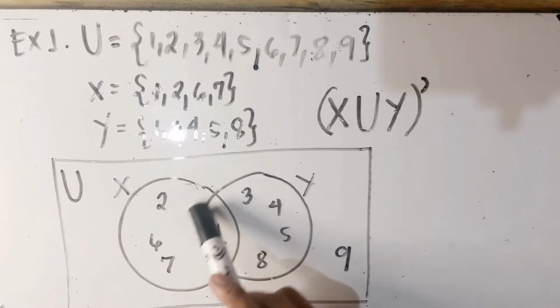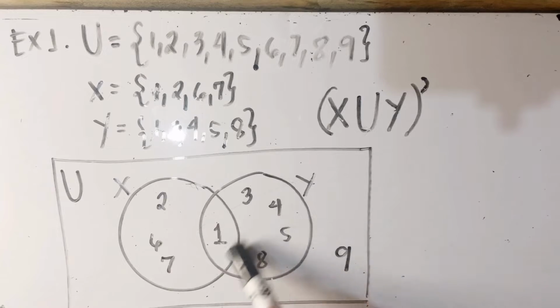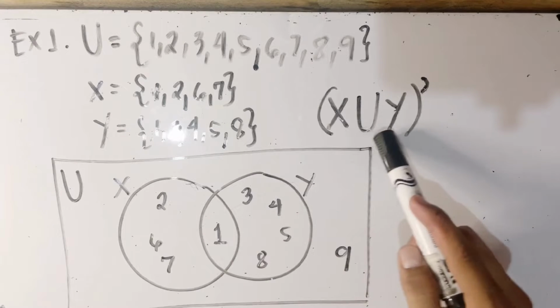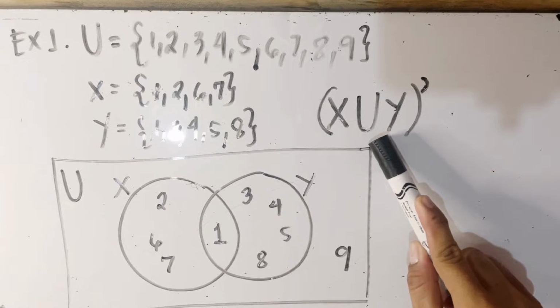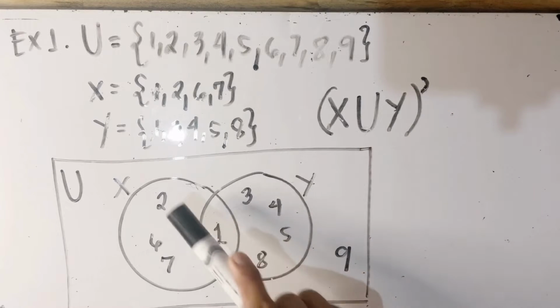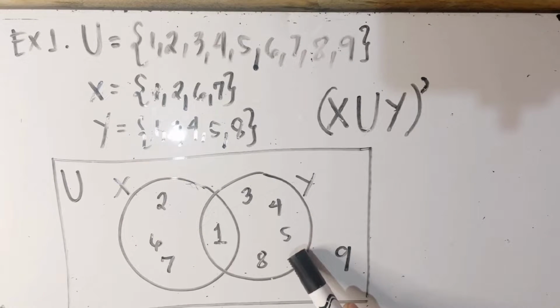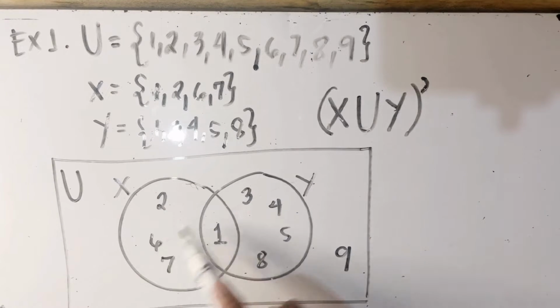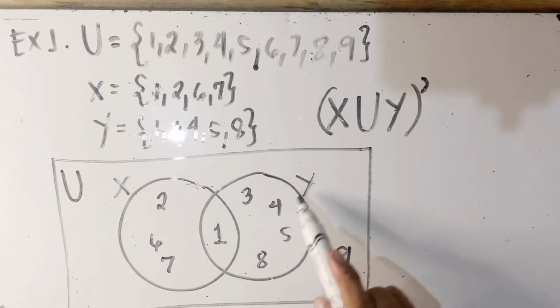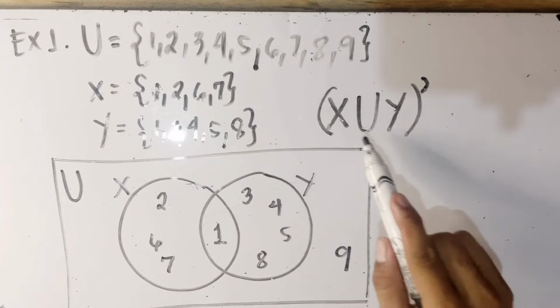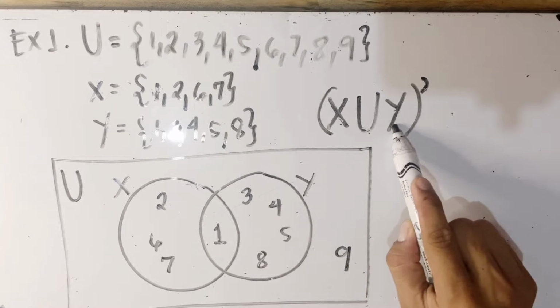If this is X and this is Y, because we have the symbol of union, X and Y will be shaded. Again, this part here and also this part will be shaded for the union of X and Y.